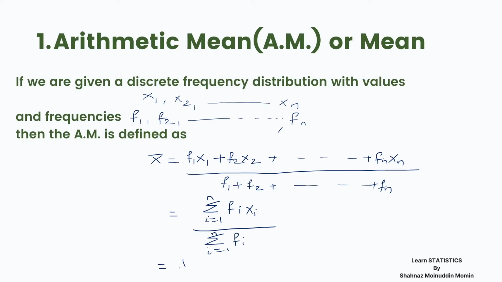This sum of frequencies can be written as a capital N. This is the formula for arithmetic mean in discrete data.